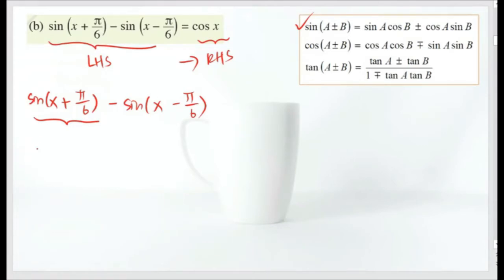This one becomes sine x cos pi over 6, because A and B changed to x and pi over 6. So sine x cos pi over 6, plus negative, negative cos x sine pi over 6. Okay, not yet. This is the first part only.